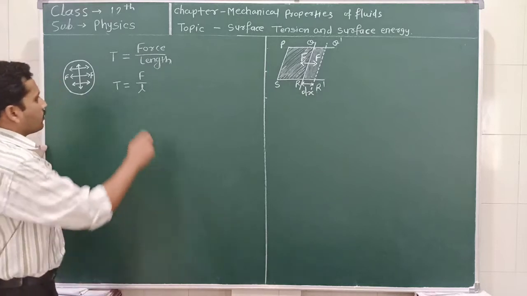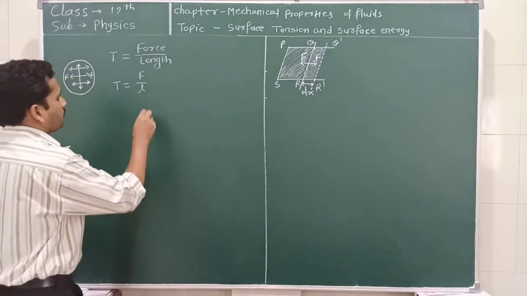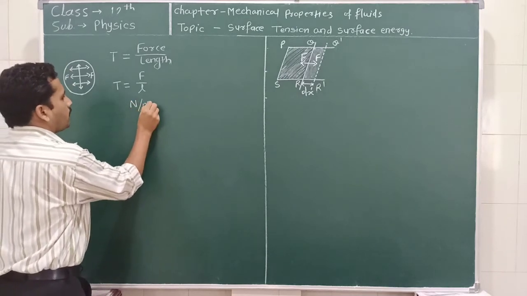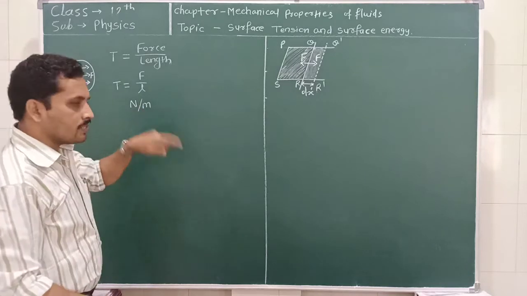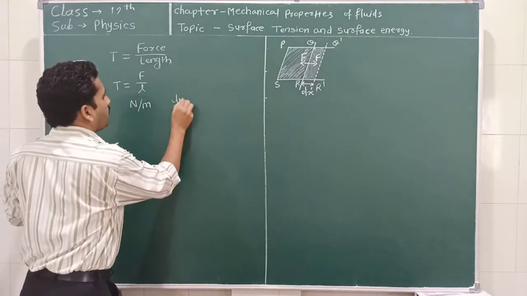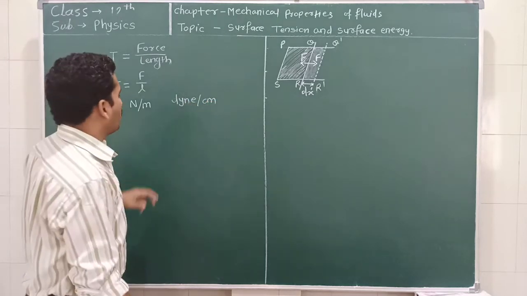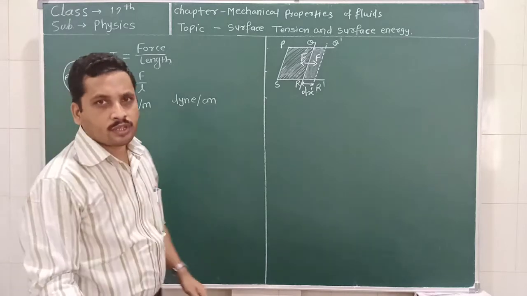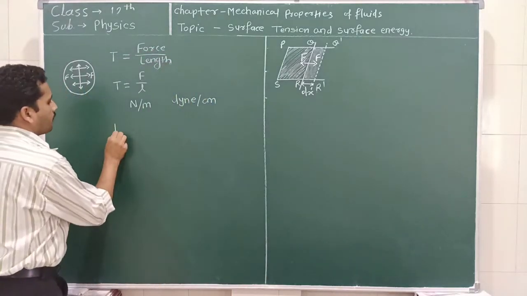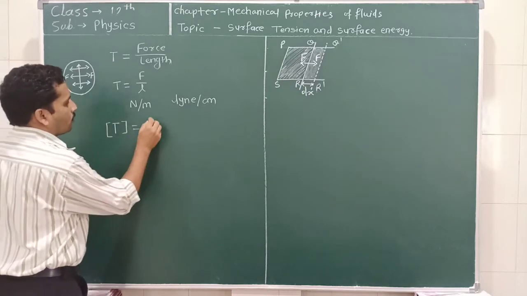Now, what is the SI unit of surface tension? The SI unit of surface tension is Newton per meter. And the CGS unit is dyne per centimeter. What are the dimensions of surface tension? The dimension of surface tension can be calculated if we know the dimension of force and the dimension of length.